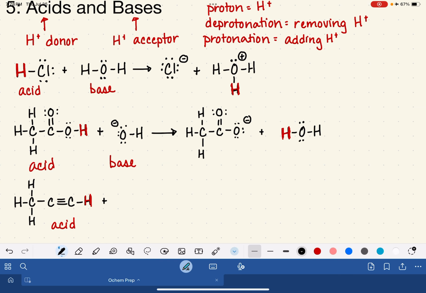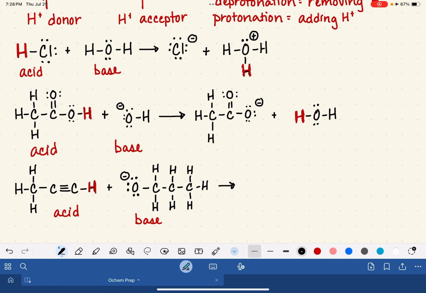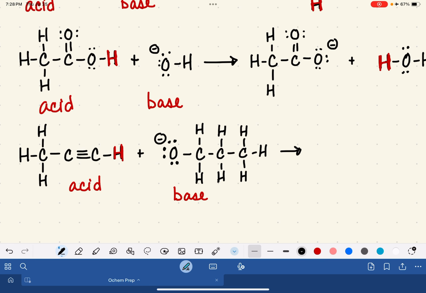I'm going to get really creative here. This is our base, like that.